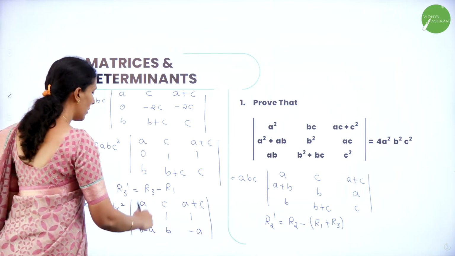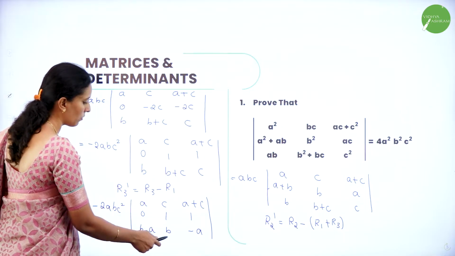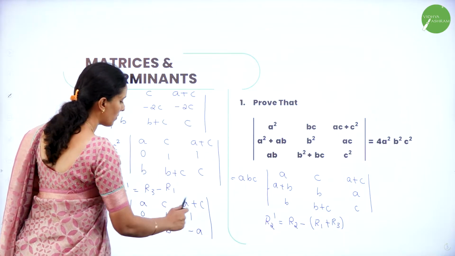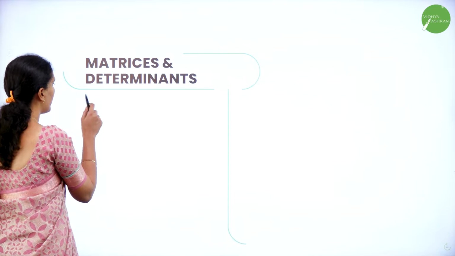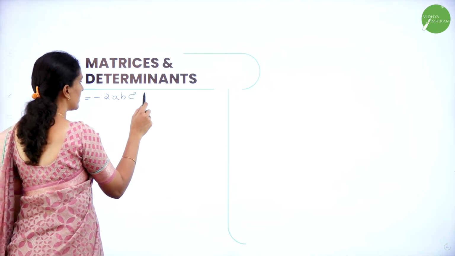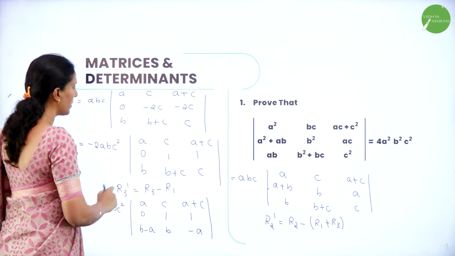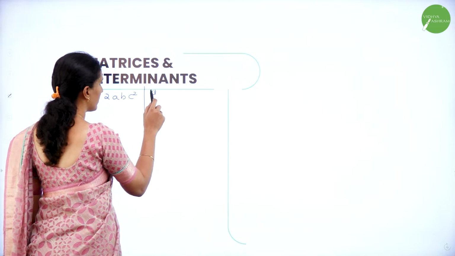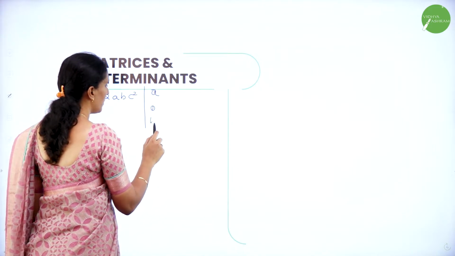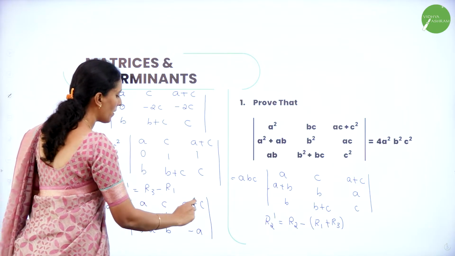Next, I will continue the operation with respect to columns. I will take the new column C2 as C2 minus C3. So it is minus 2abc square. Write the first column as it is: a, 0, b minus a. Second column, C2 dash is C2 minus C3.